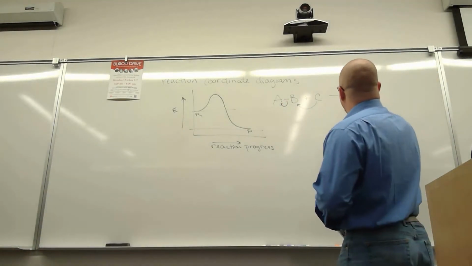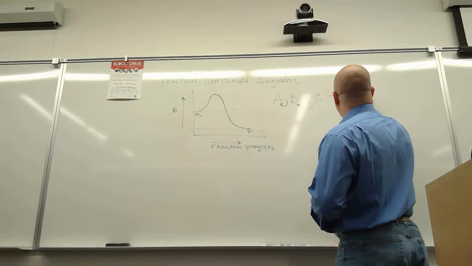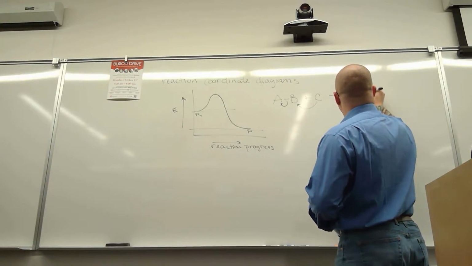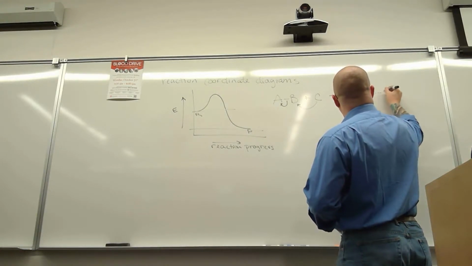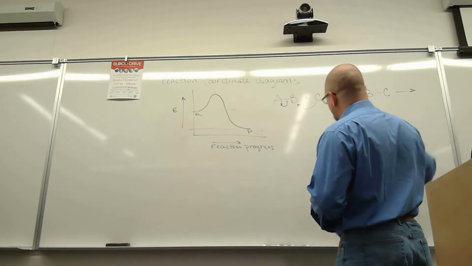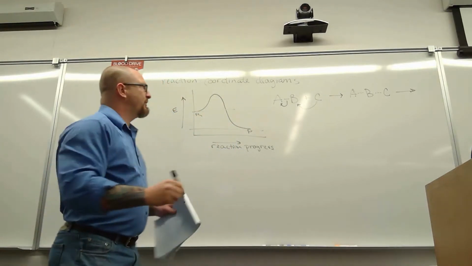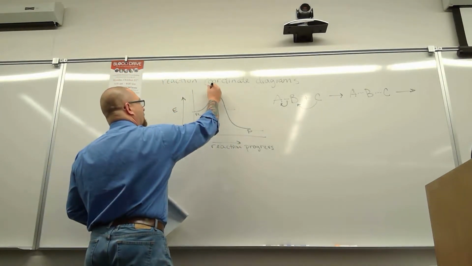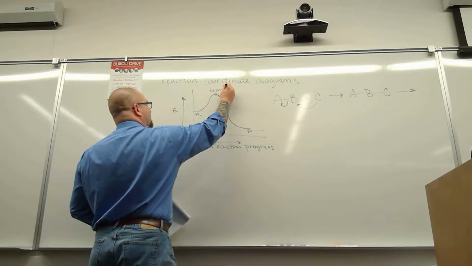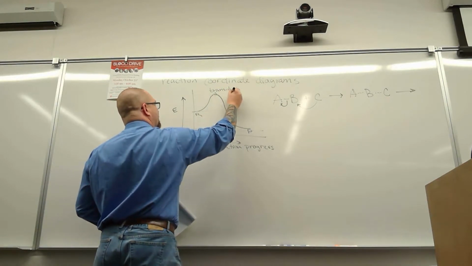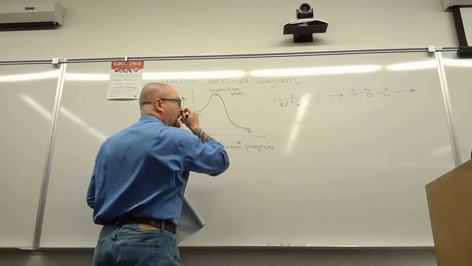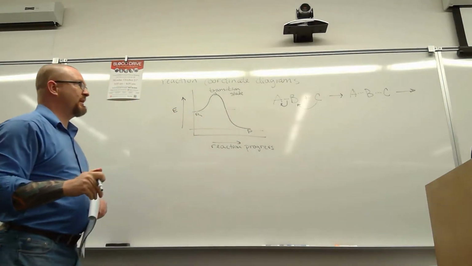So oftentimes you see something drawn where you have a high energy transition state that looks like this. This point up here is called the transition state, where we have these bonds forming and breaking simultaneously.